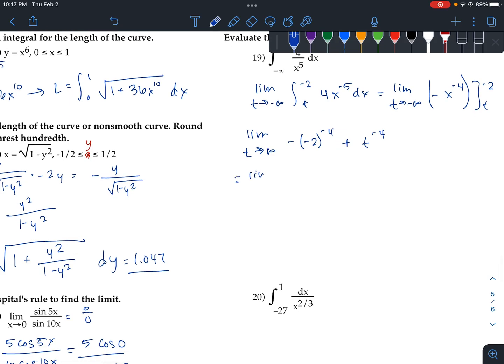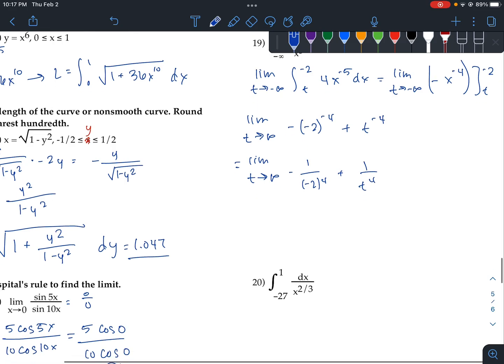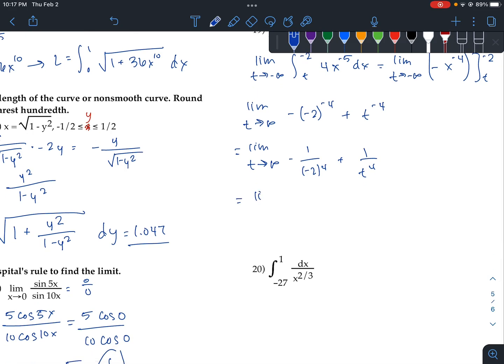So that's equal to the limit as t approaches infinity of negative 1 over negative 2 to the 4th plus 1 over t to the 4th. So that's going to be equal to the limit as t approaches infinity of negative 1 over 16 plus 1 over t to the 4th. And as I let t go to the infinity, that's going to be equal to 0 right there. So I'm going to get negative 1 over 16.